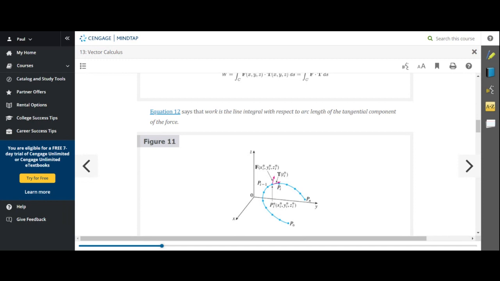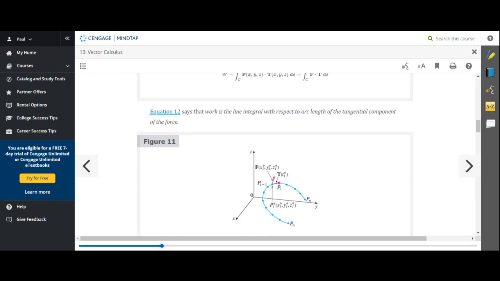Well, along the curve for a very short distance would be equivalent to the tangent vector t sub I. So if we take the dot product of the force vector with the tangent vector, that would get us the work, but it's only good for a little bit of distance, because the tangent vector approximates the curve at p sub I just a little bit.